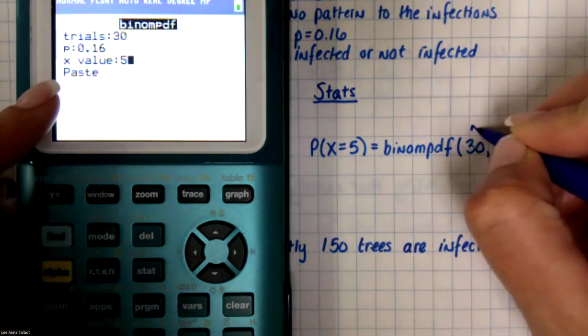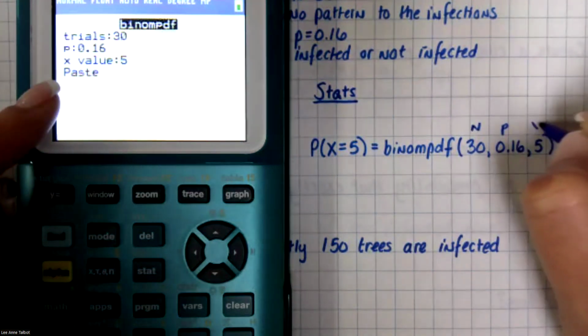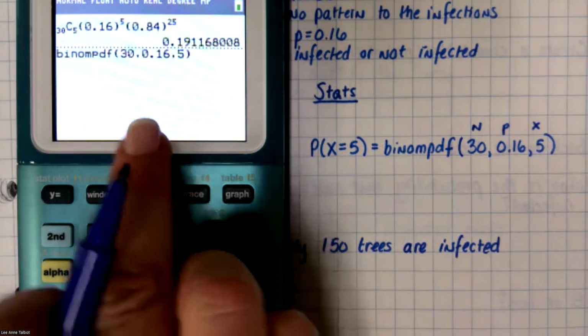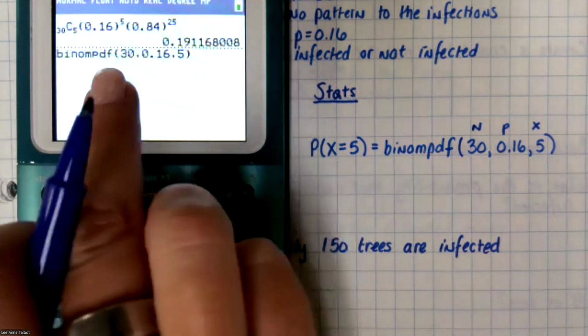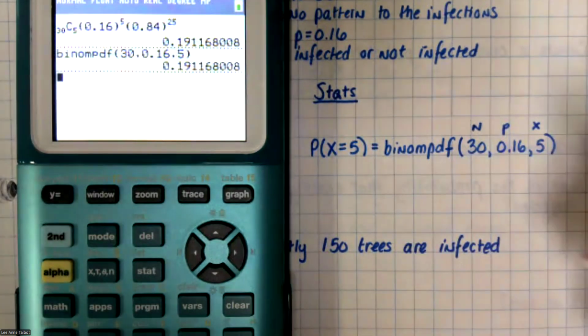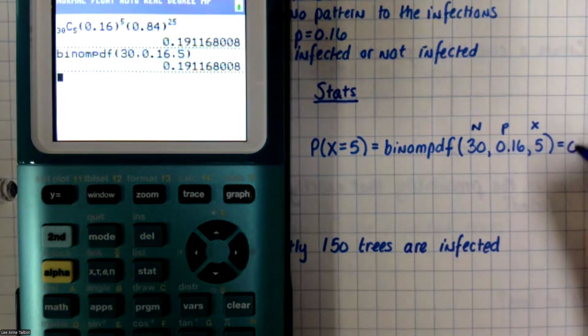These are labeled N, P, and X. Now if you have an older calculator, just type it like this. It'll be totally fine, I promise.